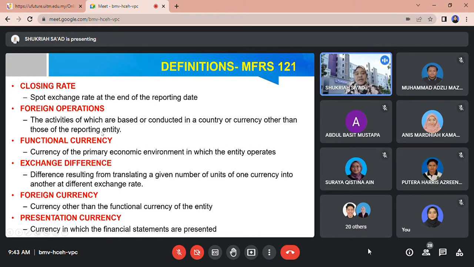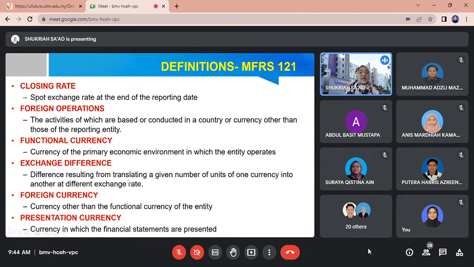Kalau holding company, selain daripada holding company, maknanya the transaction must be luar daripada ataupun menggunakan currency selain daripada currency holding company. Functional currency is a currency of the primary economic environment in which the entity operates. Nanti kita akan tengok indicators ya.